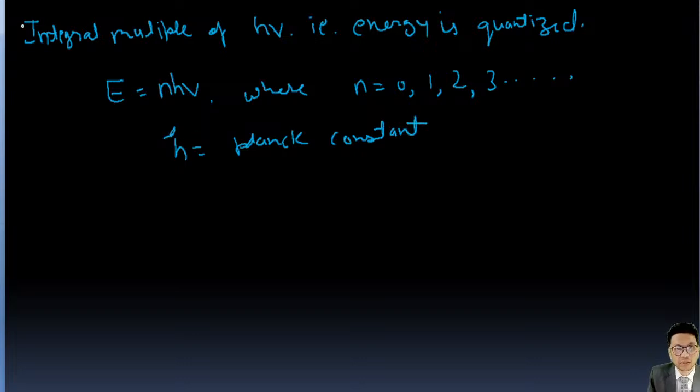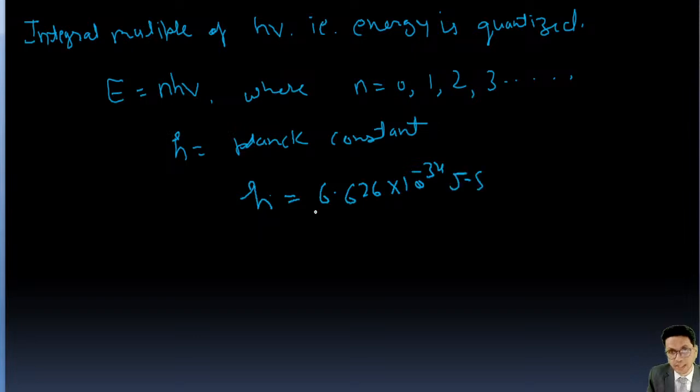Okay, from here quantum mechanics started, guys. Okay, and the value of h is 6.626 into 10 to the power minus 34 joule second. So that's what he has considered, and then he considered a harmonic oscillator, a quantum oscillator.